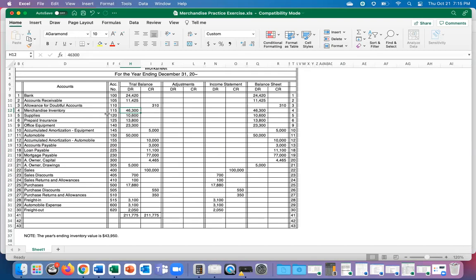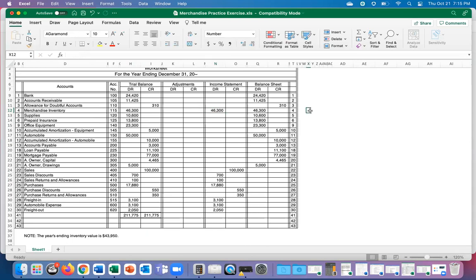So at the beginning of this accounting period, this is how much inventory we had. If we're selling sweatshirts, we had $46,300 worth of sweatshirts that we wanted to sell eventually. So we're going to move that over to the income statement into the debit column. So that is our beginning inventory.